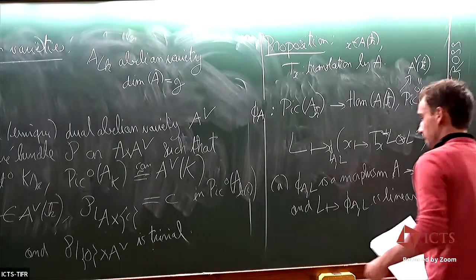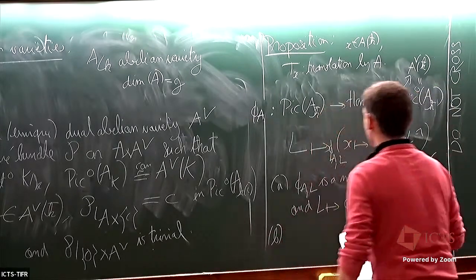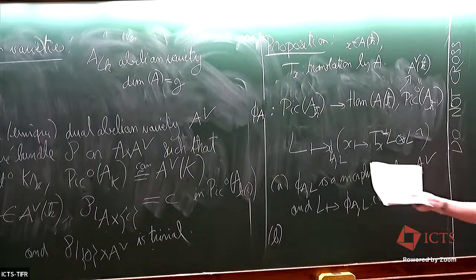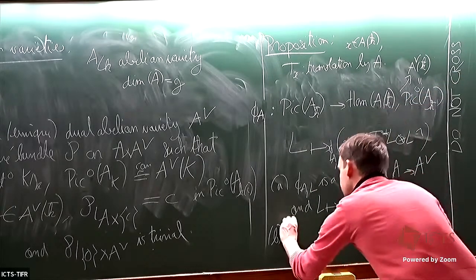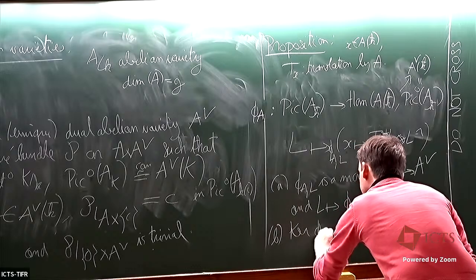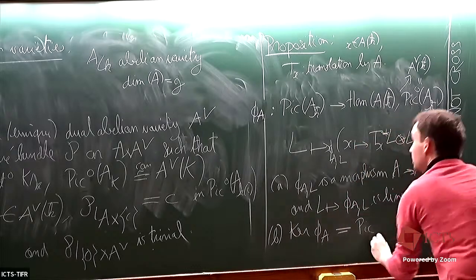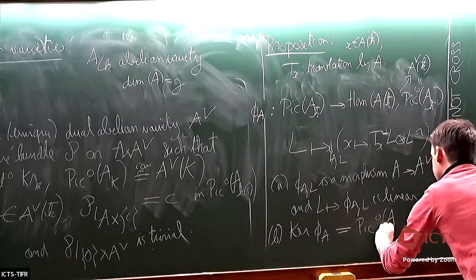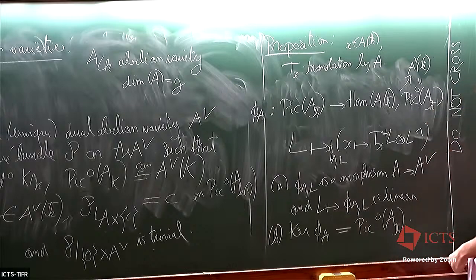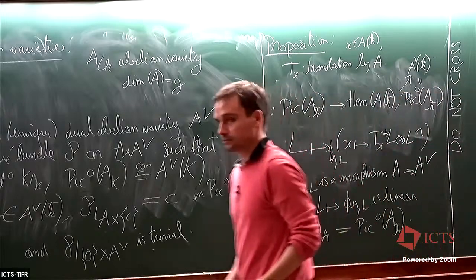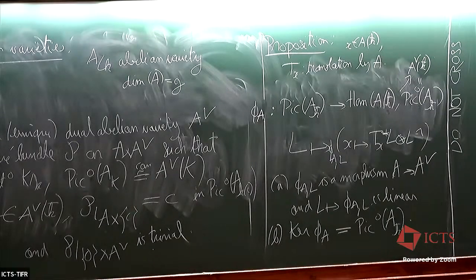Second thing, we actually know when this is trivial. So when phi_{A,L} is 0, the kernel of phi_A is exactly our group Pic^0 of A bar. So we know all those would give nothing and the other ones will give something.